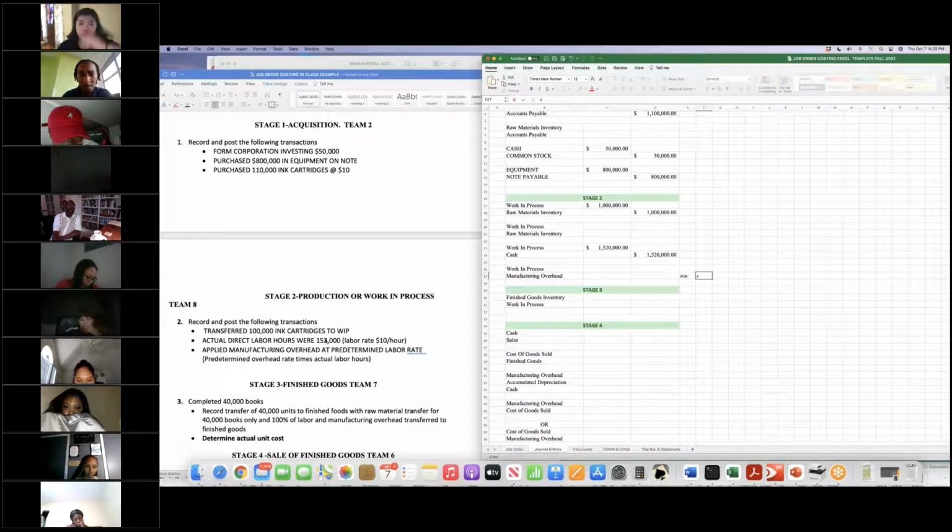This is why you can't just use quantities and why you have to calculate a POR. The overhead follows the labor hours. So when we get down here, we multiply 4 times those same labor hours from above, 152,000.